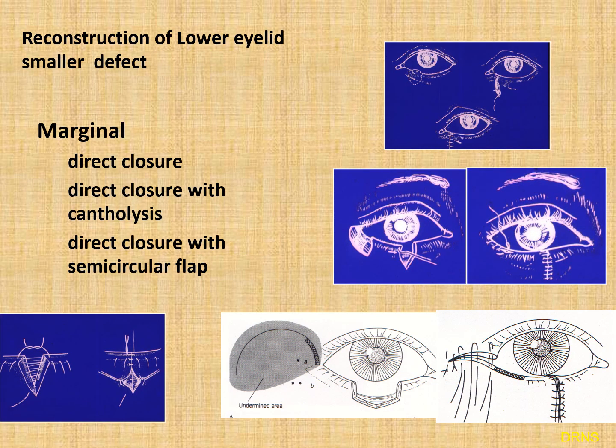Reconstruction of lower eyelid smaller defect. Marginal: can do a direct closure or direct closure with cantholysis, direct closure with a semicircular flap.